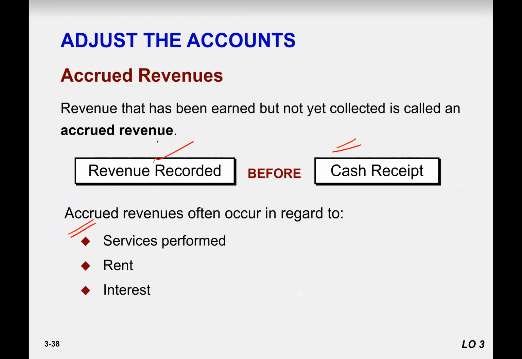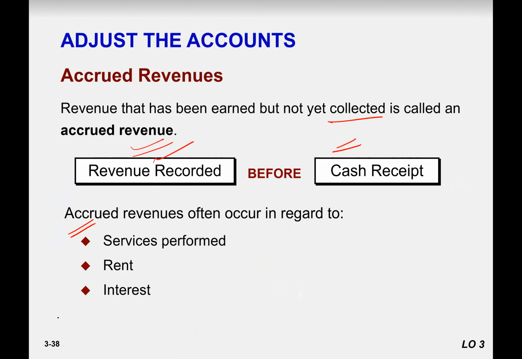So accrued revenue is recorded before cash is received. When cash is not received, we create customers' accounts receivable. So revenue that has been earned but not yet collected, we call that accrued revenue.